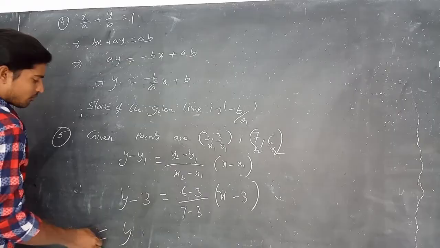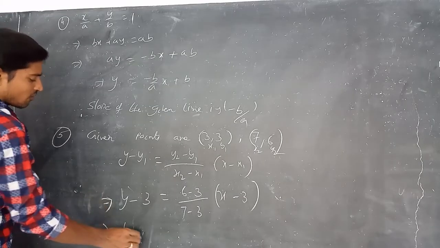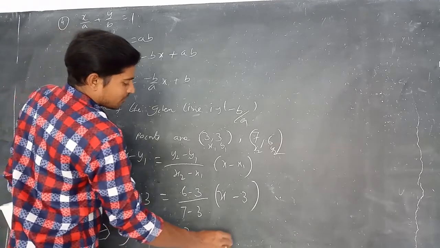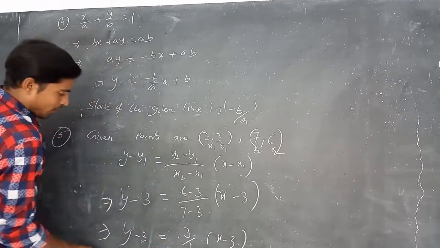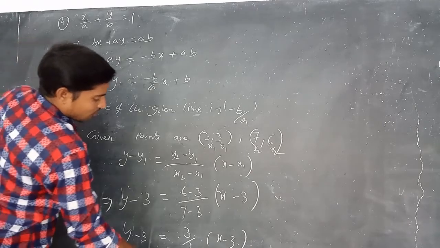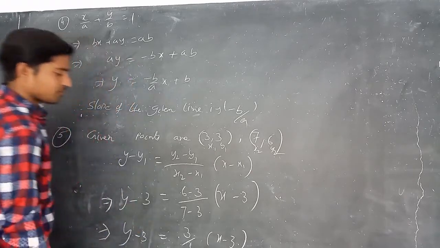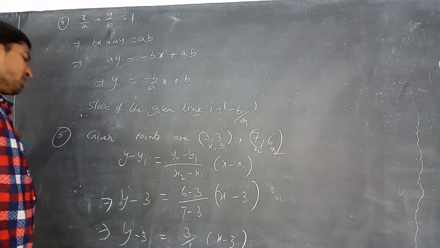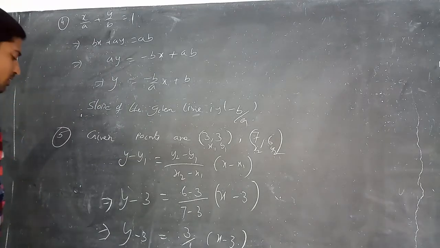So, which implies y minus 3 equal to 3 by 4 into x minus 3, implies 4y minus 12 equal to 3x minus 9.